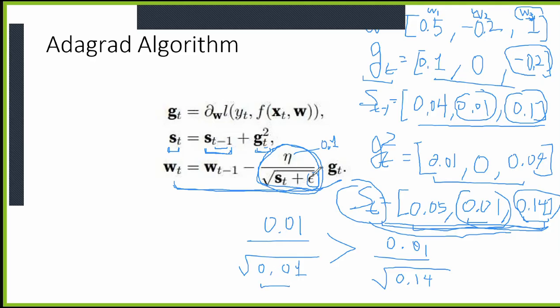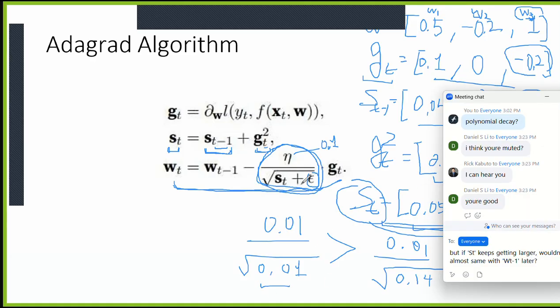So we are varying the learning rates being applied based on the accumulated gradients so far, which will be updated for each of these weights differently. So this was one concrete example.